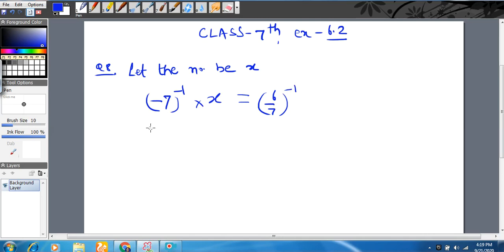तो नेगेटिव एक्सपोनेंट को कैलकुलेट करने के लिए हमें उसको पॉजिटिव में कन्वर्ट करना होगा. उसके लिए हमें इस नंबर को इस तरह से लिखना होगा, 1 अपॉन माइनस 7 पावर 1, देन मल्टीप्लाई x इक्वल्स in the right hand side. So just write the reciprocal of 6 upon 7, it is 7 upon 6, and change the sign of exponent.